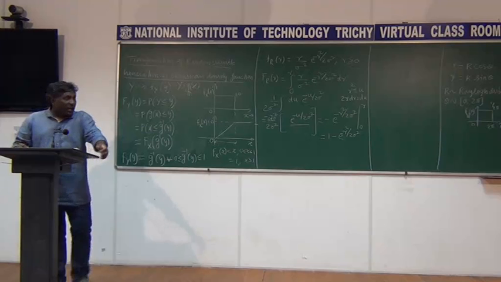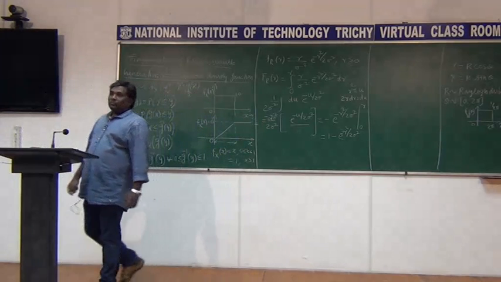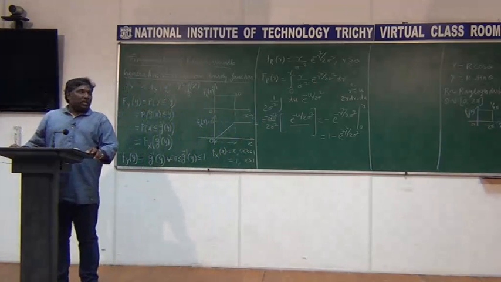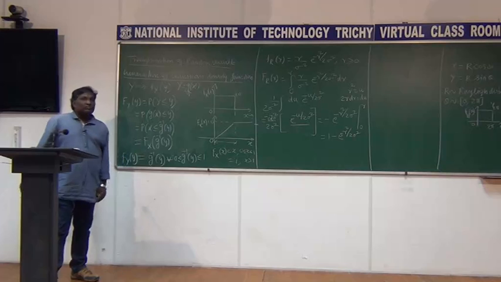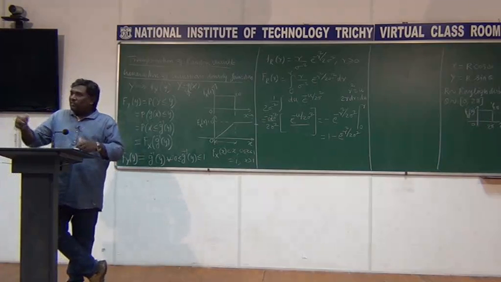Straight away, this is going to be my G inverse, right? G inverse. How to find out G? It is just that, what is that? Inverse of G inverse will give you what?